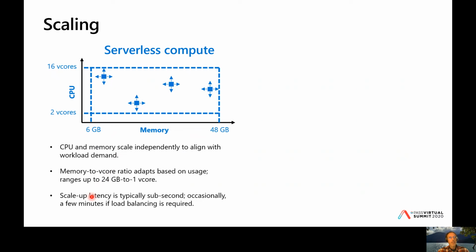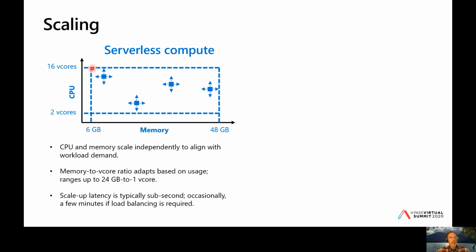Now, in terms of scale-up times, suppose at one point in time the database is using 2 cores, but then in the next moment needs to suddenly scale from 2 cores up to 16 cores. Generally serverless is able to perform that rescaling extremely quickly and in under 1 second.